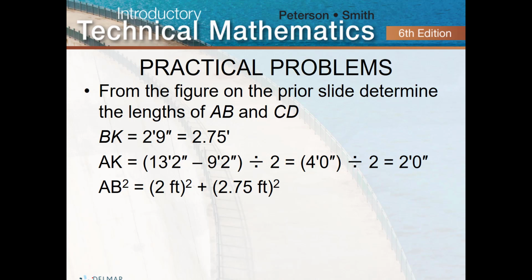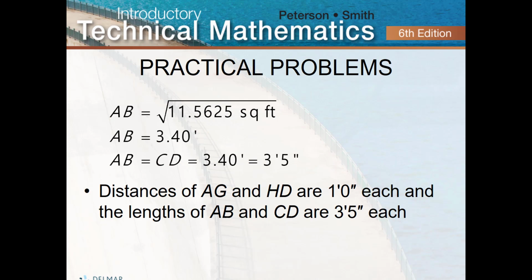So divided by 2 gives 2 feet. 2 feet squared plus 2.75 feet squared. The base and the height gives you 3 feet 5 inches. All right. I know that one kind of quickly.